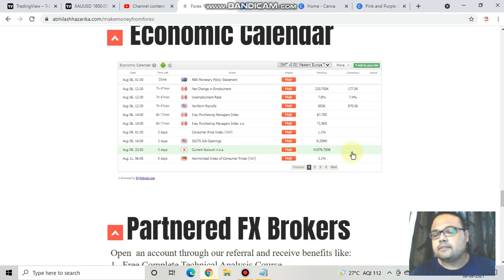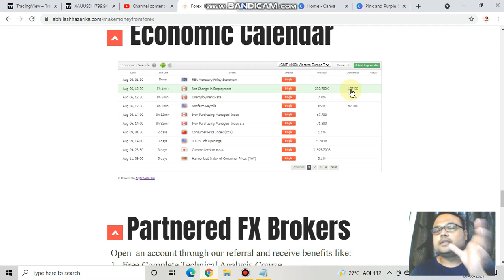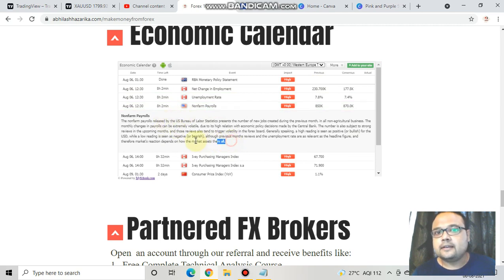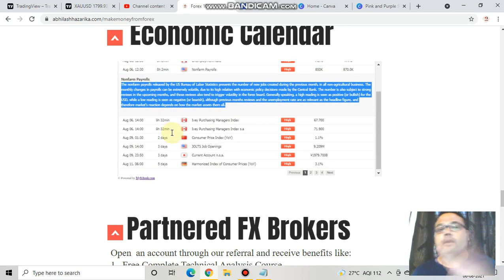Click on the save button, and then you will see the important events for the day. The best thing is that you will also see the previous data and the consensus or forecast. If you click on it, you'll get the proper information on how to trade it and how it affects the market.